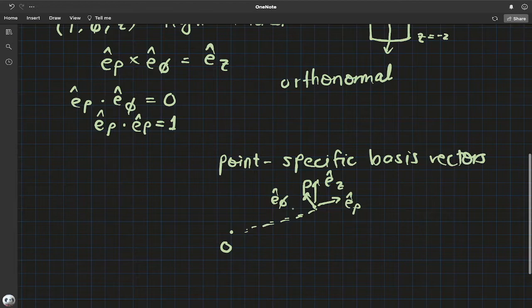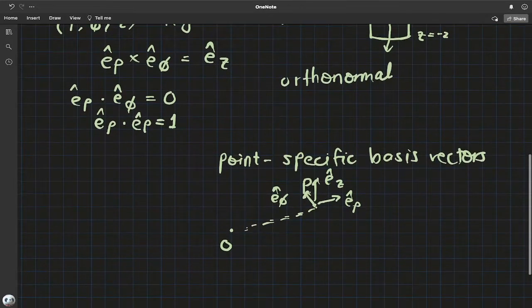If you vary phi and take the difference between two phi values, and make that difference really small, that's the direction in which e phi hat points. I hope you can visualize it sort of into the page here. I couldn't really draw into the page. But this is just for point P.